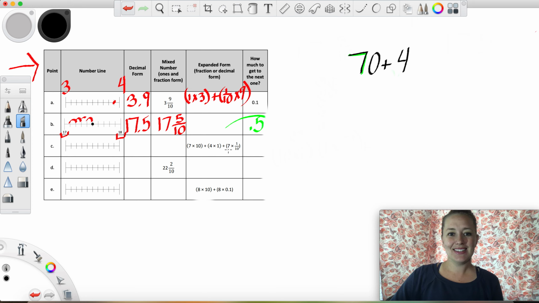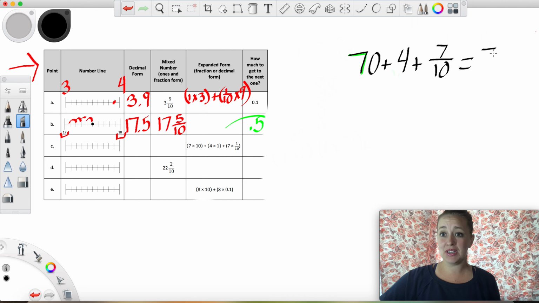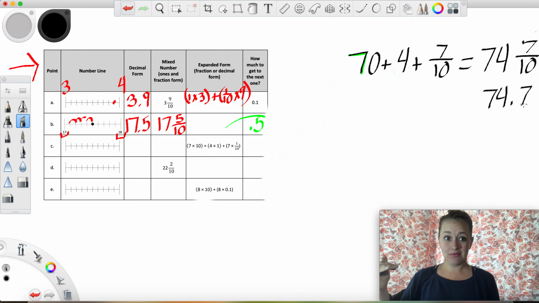And then 7 times 1/10 is 7/10. Or if I wanted to put that together, it would be 74 and 7/10, either way. Well, now that makes it really easy for me to do my number line.